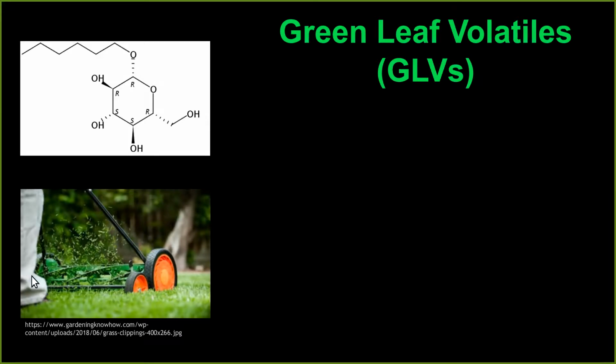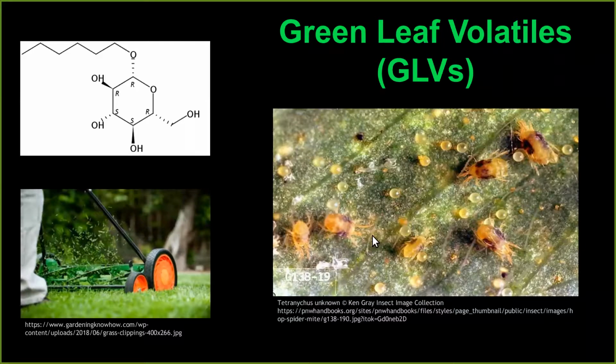And they're released within seconds of the plant being damaged. So if you're familiar with the smell of fresh cut grass, you're smelling this class of compounds, these green leaf volatiles. So these compounds are released when the plant is cut. Also when herbivores start to damage plant tissue, these compounds are also released.